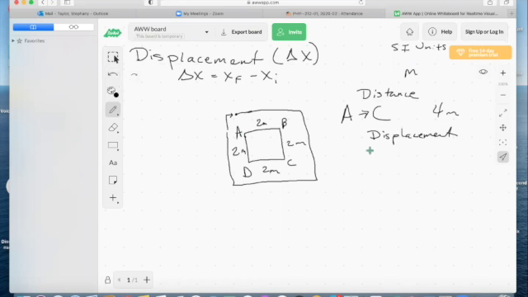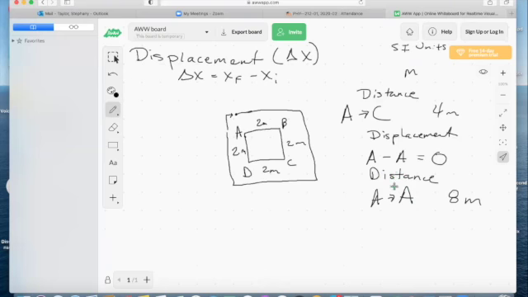So what that means is that our final position, which is A, minus our initial position, which was A, is going to be equal to 0 because we're at the same place that we started from. So this isn't the total distance, because if we did the distance from A to A, you would add up the total distance that you traveled. So that would be 2 plus 2 plus 2 plus 2. So 2, 4, 6, 8 meters. That would be 8 meters.